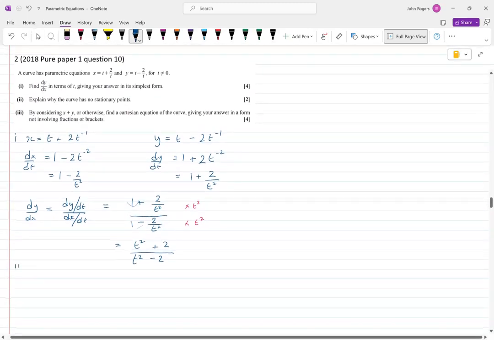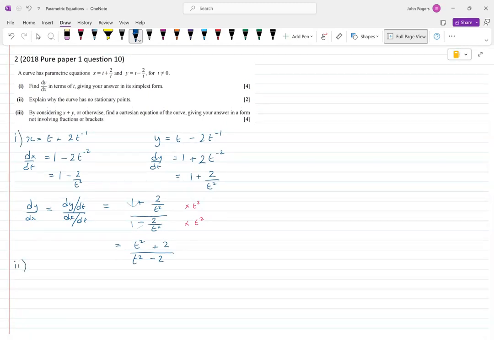Then they like these questions where it gets you to interpret this and say why there's no stationary points. A stationary point happens when dy by dx is equal to 0. That would mean that t squared plus 2 over t squared minus 2 equals 0. When you have an equation like this, which is a quotient, it's the top bit that matters.